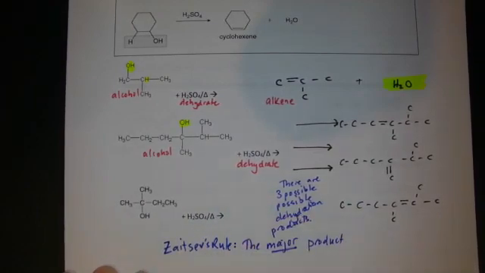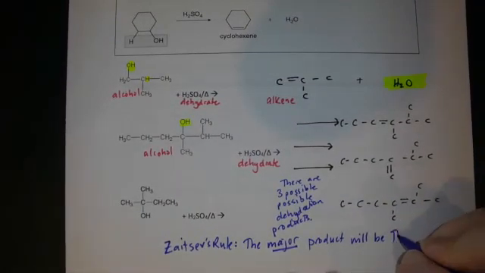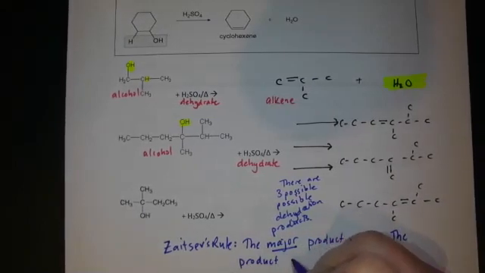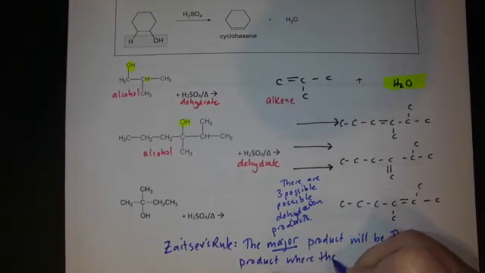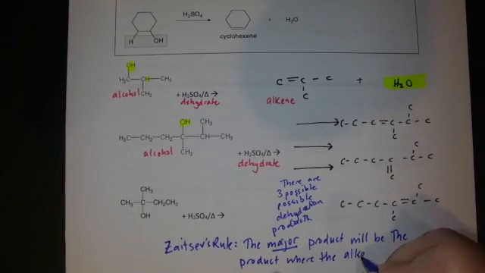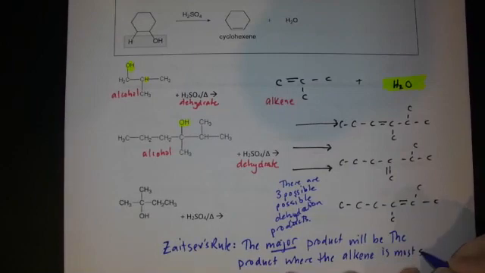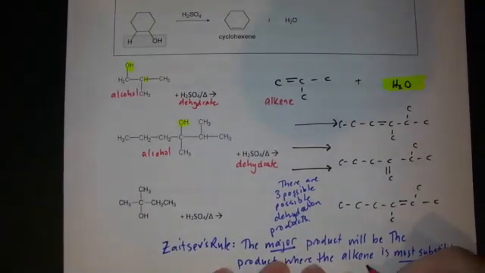And Zaitsev's rule says that the major product will be the product where the alkene, the double bond, is most substituted. And by most substituted, I mean it has the most bonds to carbon.